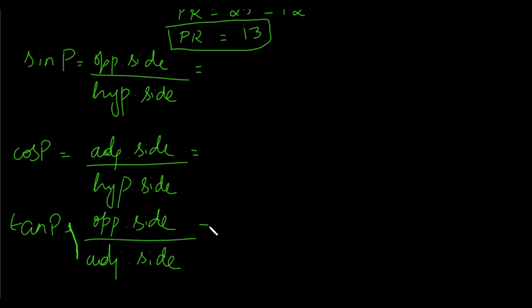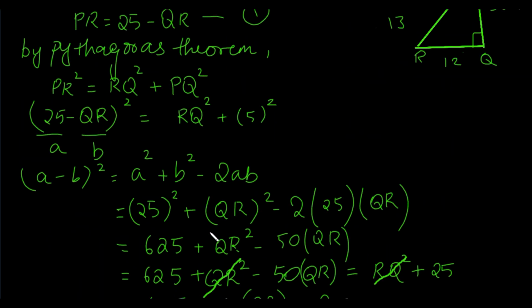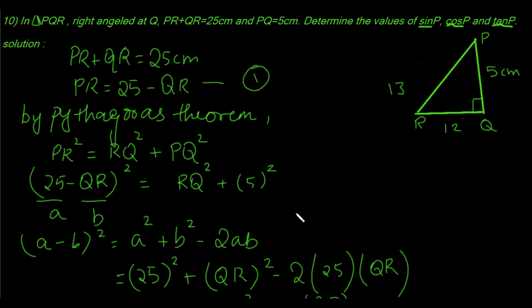So now let's just see what is the opposite side with respect to angle P. With respect to angle P, the opposite side is RQ. So the opposite side is RQ, the hypotenuse side is RP.